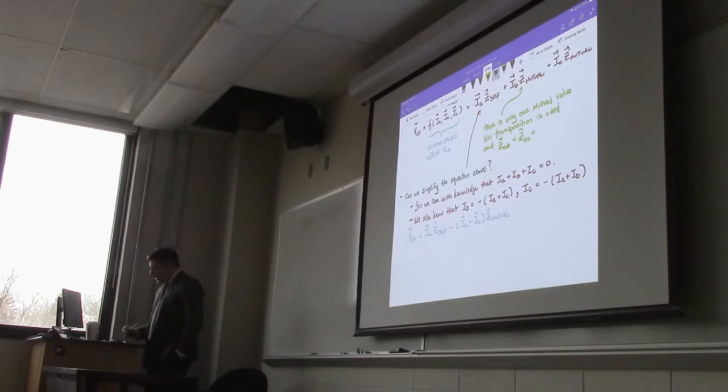And then now I can also say that's equal to minus (IA plus IB), again Z mutual, where this, if you remember, will be equal to IB, and this is equal to IC.